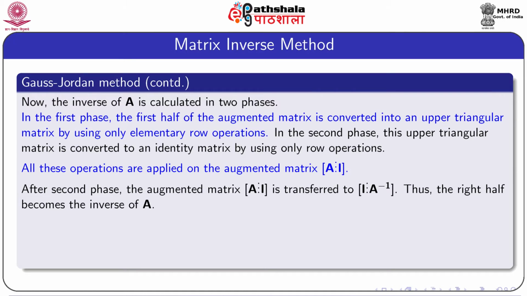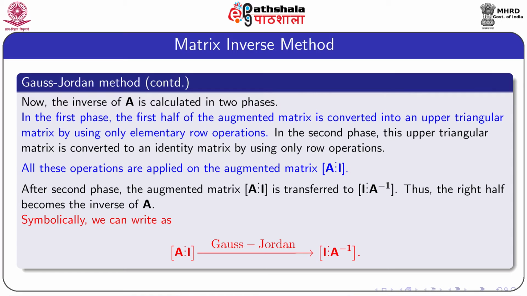After the second phase, the augmented matrix is transformed to [I | A inverse]. That means the right hand side becomes the inverse of the original matrix A. Symbolically, it is written as [A | I]. After the Gauss-Jordan elimination method, this matrix is reduced to [I | A inverse].